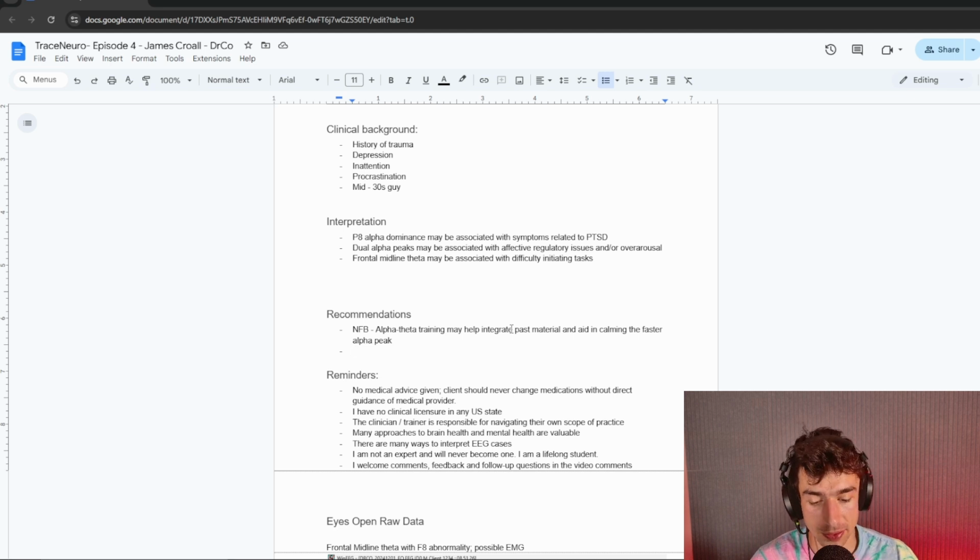It seems to me like there's some work that needs to be done in integrating these two different speeds that the brain is trying to process at.